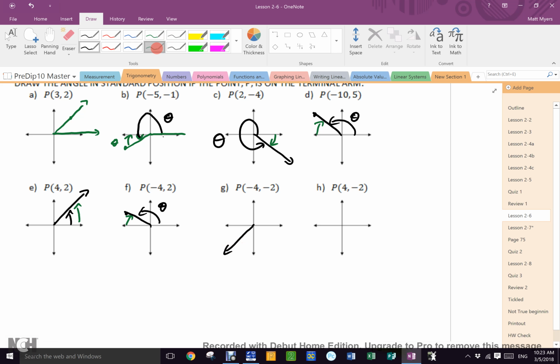What's the reference angle? Theta goes all the way around. The reference angle goes back. Theta minus 180. And finally, 4, negative 2. Theta goes all the way around. And the reference angle? 360 minus theta. Everybody good?